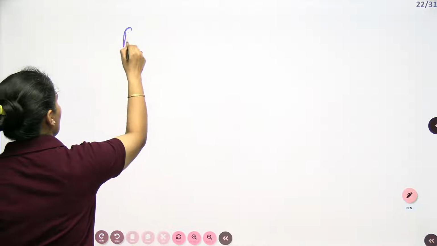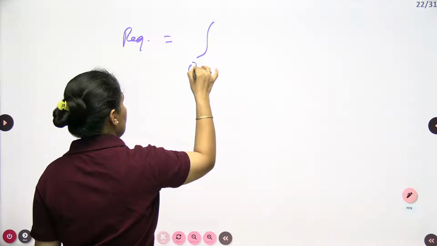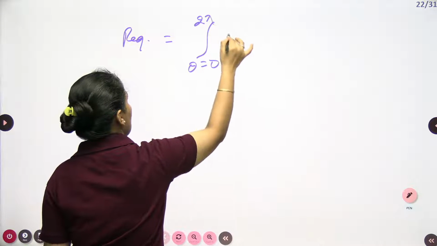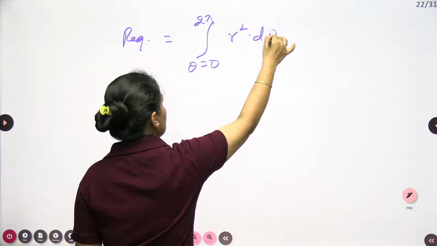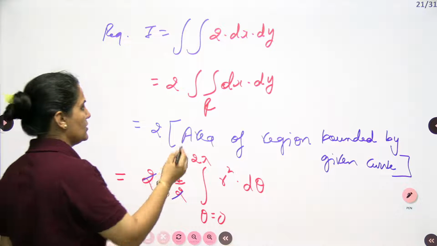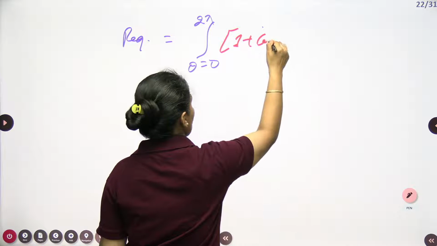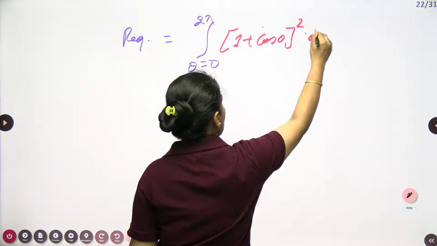So the required area is integral from theta equals 0 to 2 pi of r square d theta. Now we can put the value of r as 1 plus cos theta, so 1 plus cos theta whole square d theta.